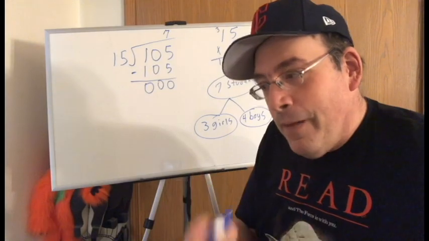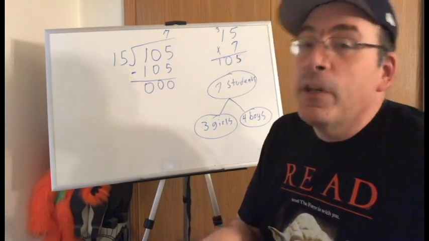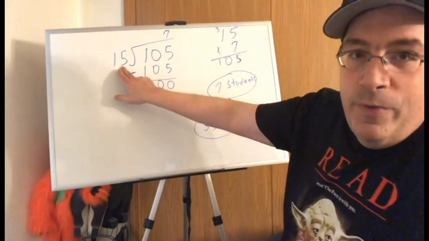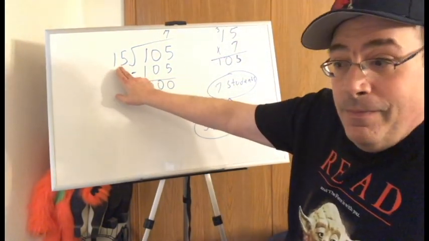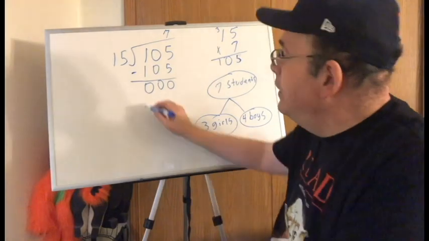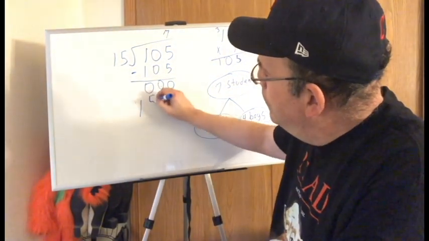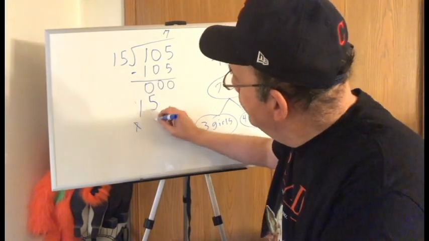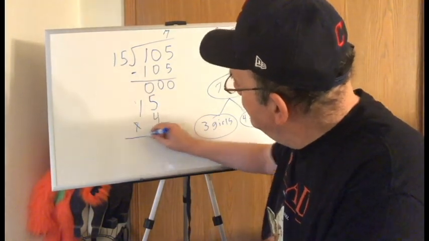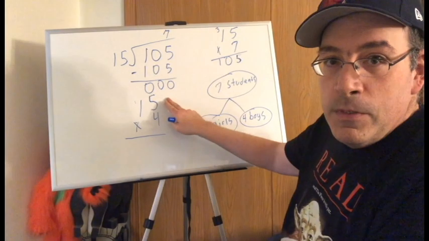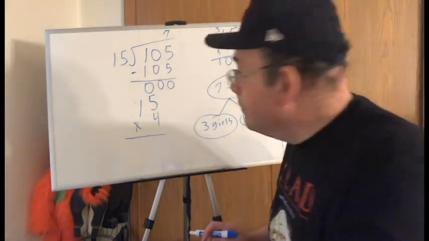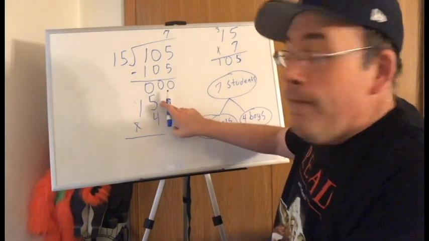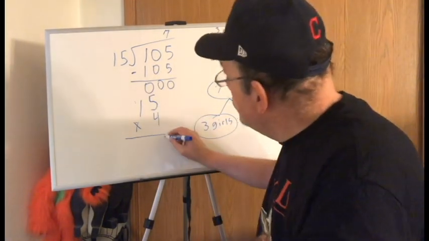We're not quite finished yet, because it's how many boys were there altogether. So, we've already said that there were 15 teams. So, if 15 teams had 4 boys each, we need to do 15 times 4. 15 teams times 4 boys. More standard algorithm. 5 ones times 4 equals 20.